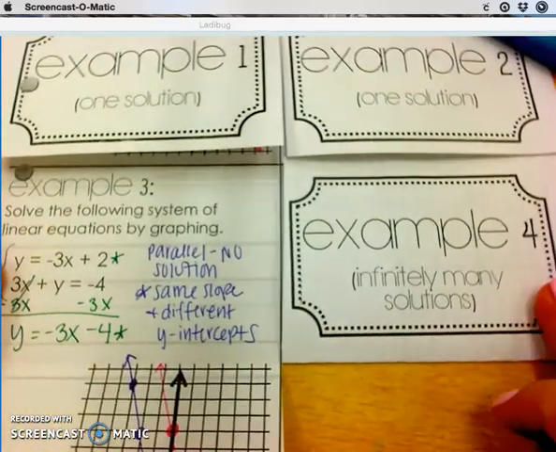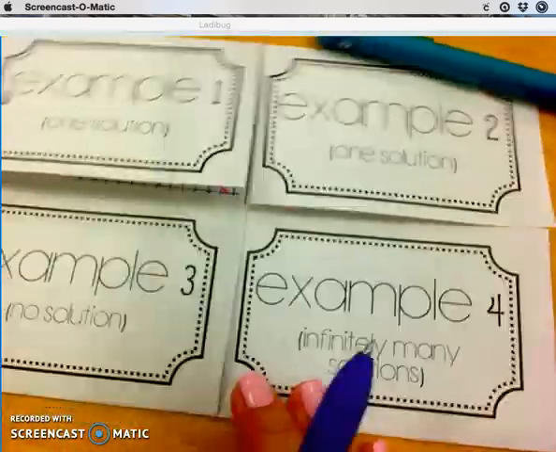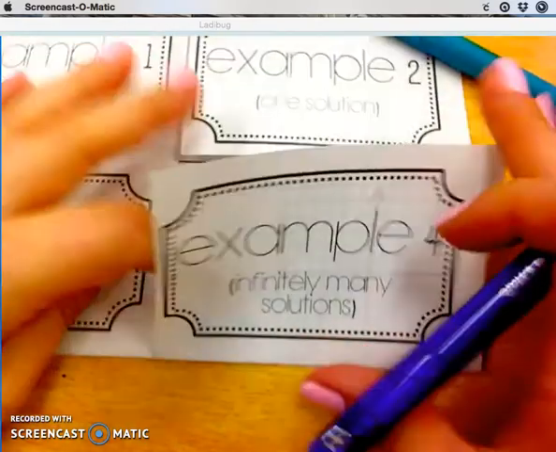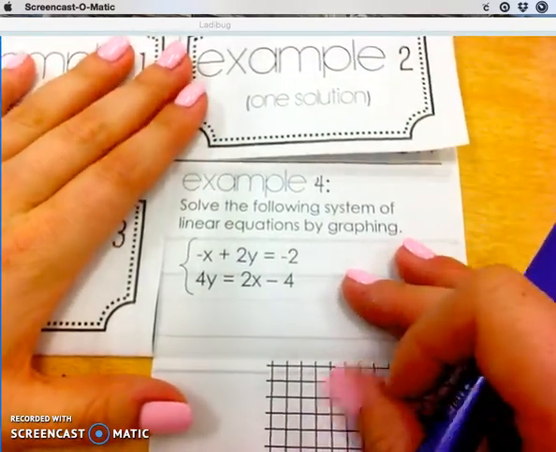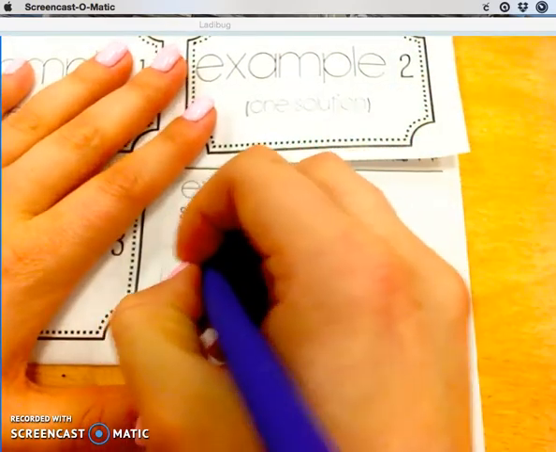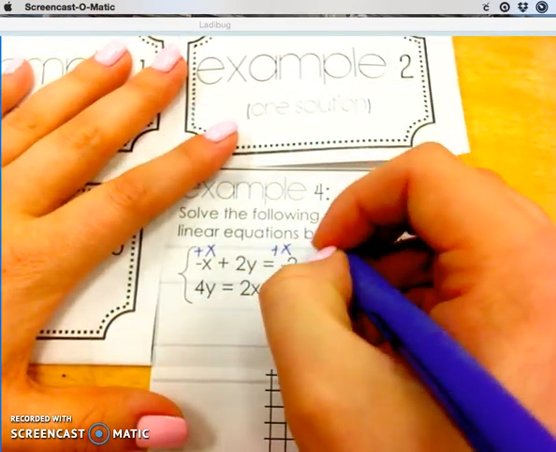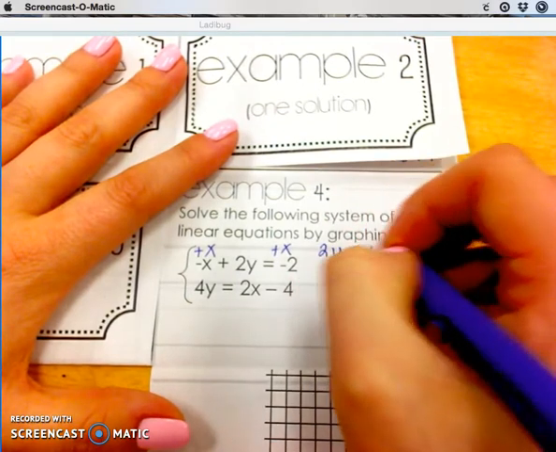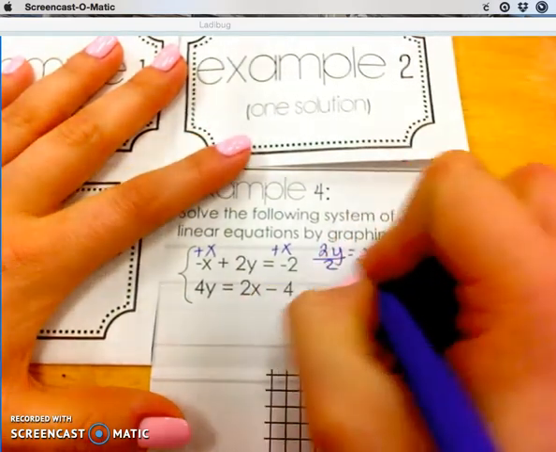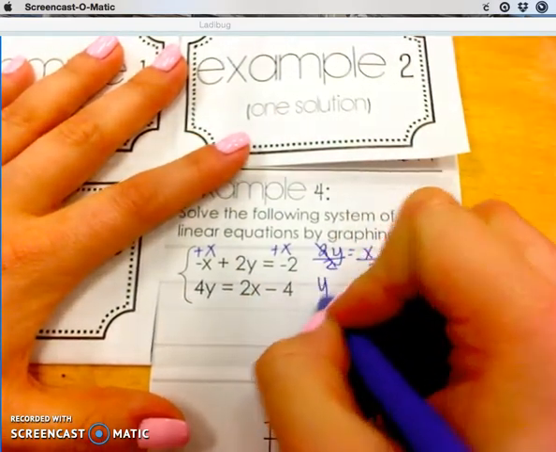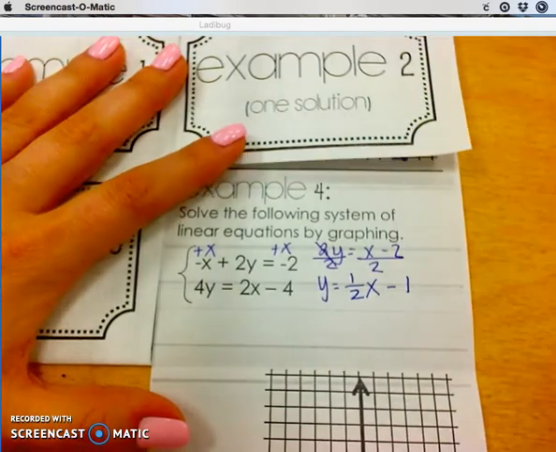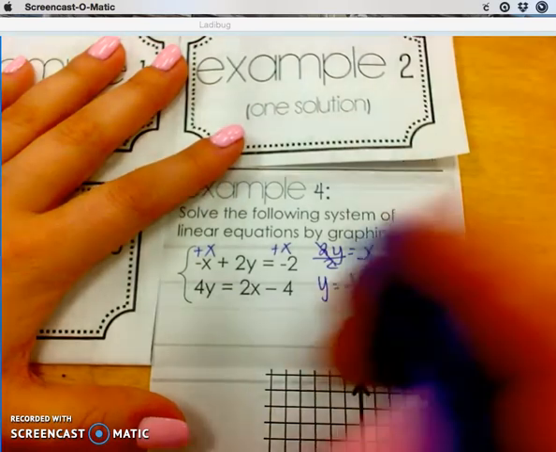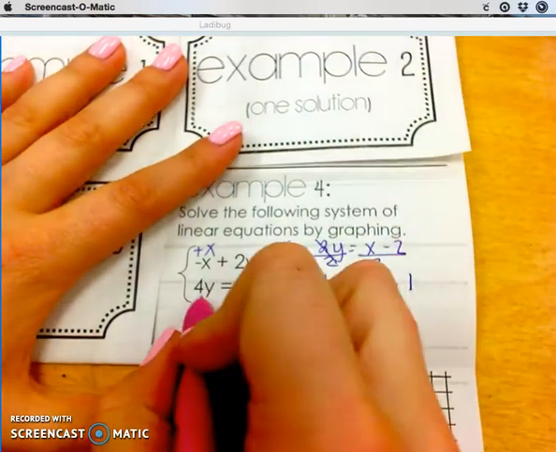And then let's try an example with infinitely many solutions. Same beginning part. I have to have my equations in slope-intercept form. So add x to both sides: 2y equals x minus 2. Divide by 2. Y equals 1/2 x minus 1. And then here, the only thing I have to do is divide by 4.